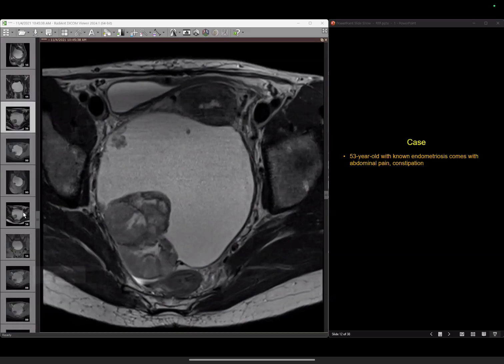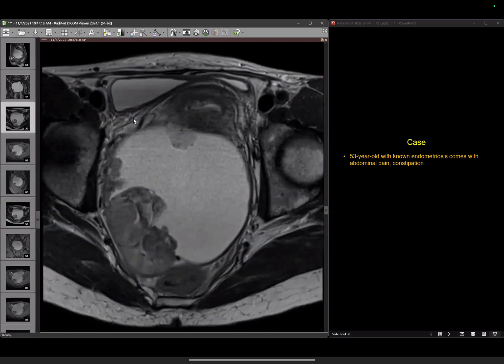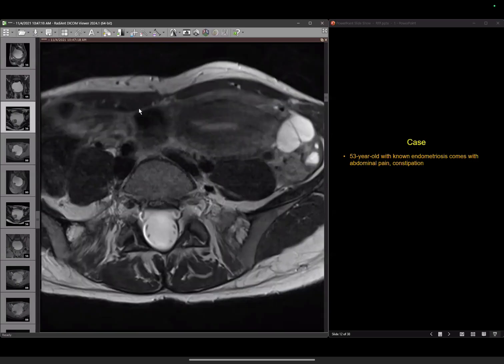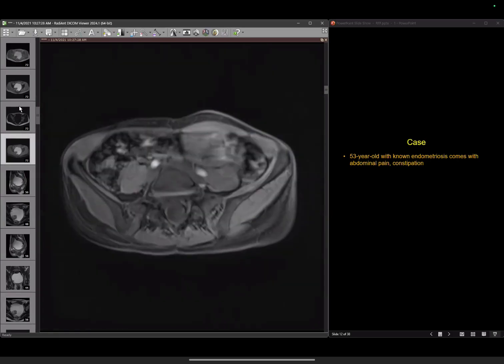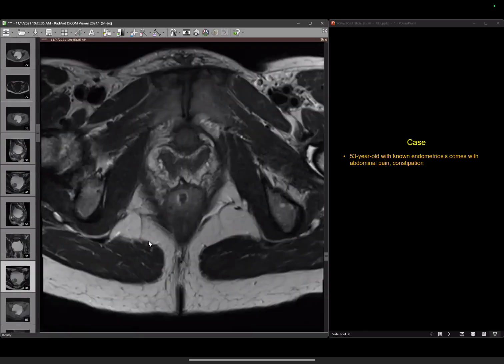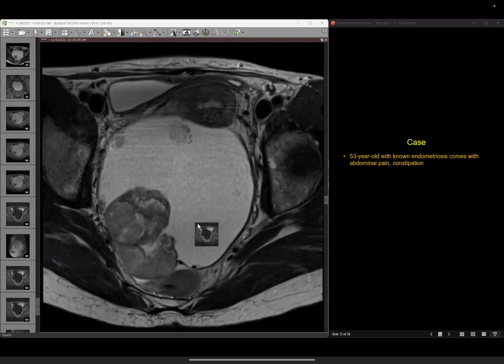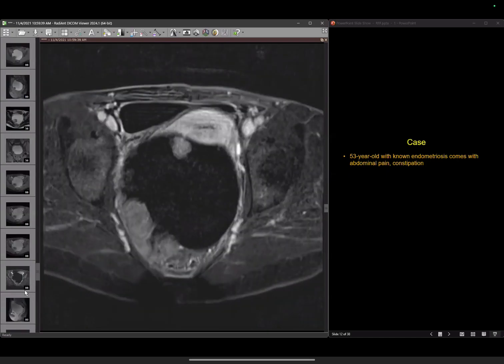Excellent. Brilliantly described. So tell me what are some of the things that are going through your mind, and if you are comfortable giving an O-RADS category, if not, that's fine. Since the lesion is showing an enhancing solid component within it, it seems to be an O-RADS 5 lesion.